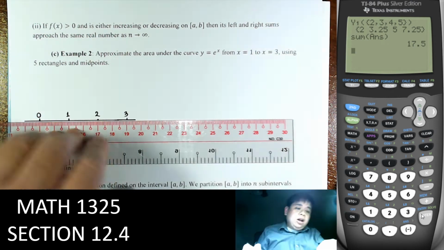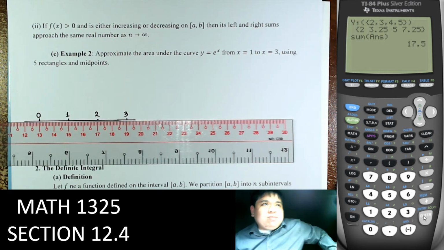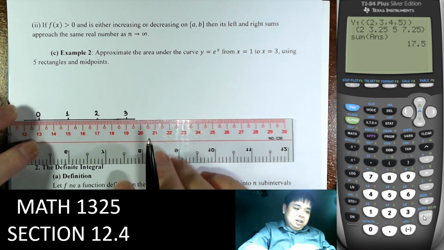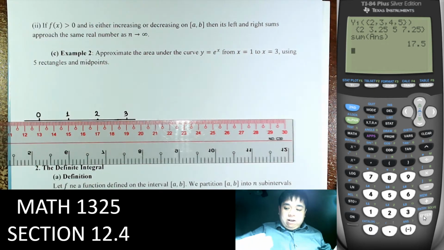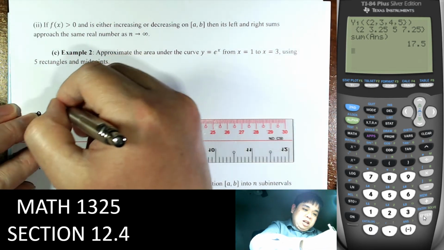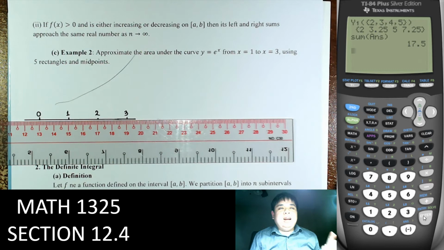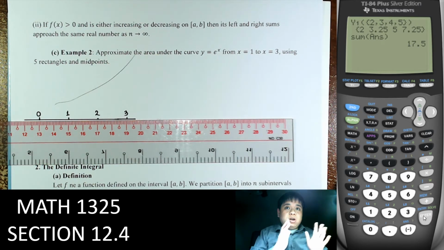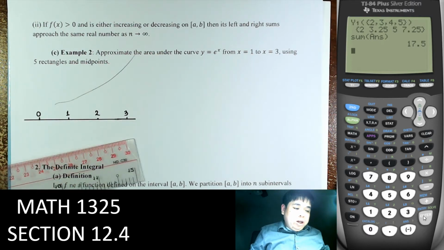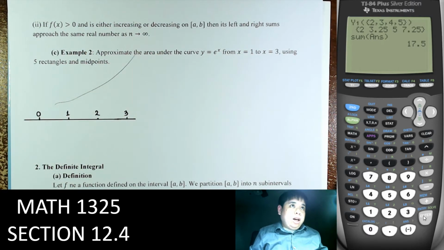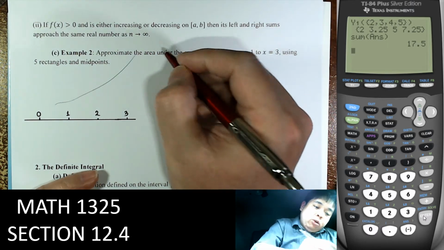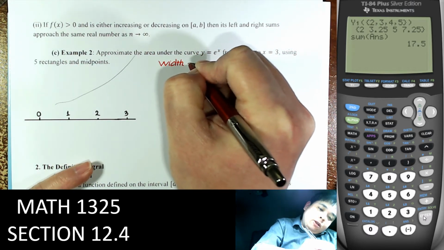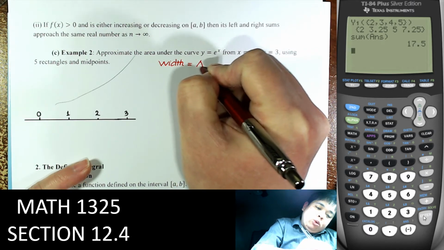So we can draw the graph, and because the graph is exponential, I'm just going to sketch something like that. We know it's positive. Most importantly, we focus on the x-axis, from x equals 1 to x equals 3, and divide into 5 rectangles. So first we calculate the width, which we call delta x.